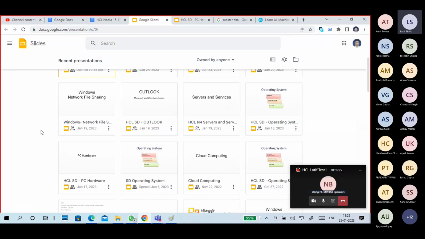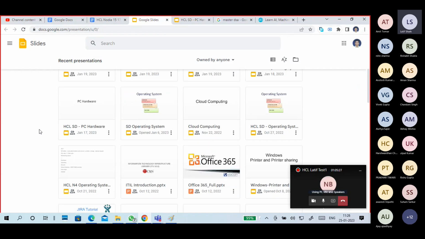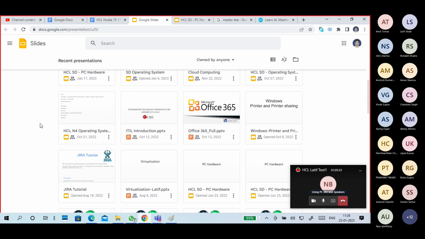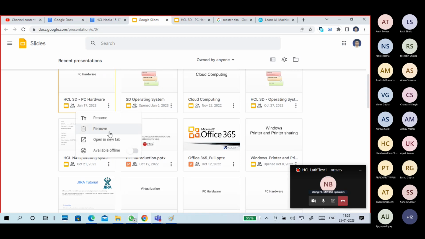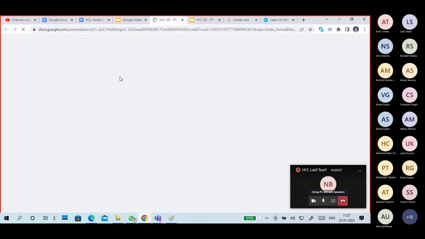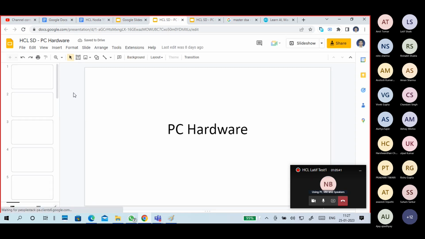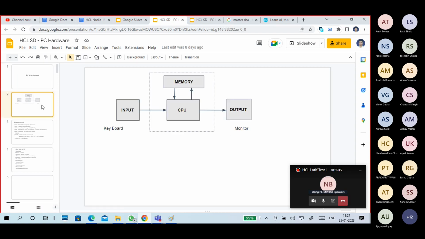Only one PC hardware I have. Operating system I have any confusion. Yeah, this is the part.